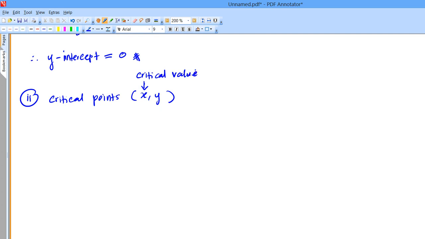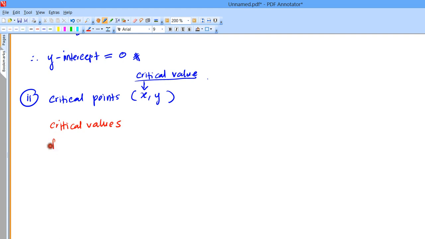So in order to find critical point, we need to find critical value. Okay, to find critical value, you just need to differentiate f(x) and then set equal to 0.